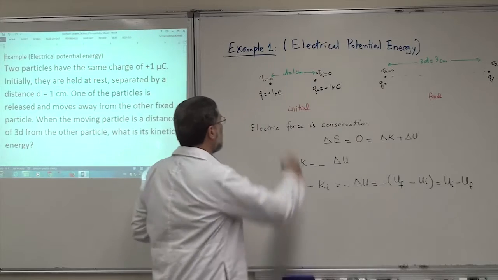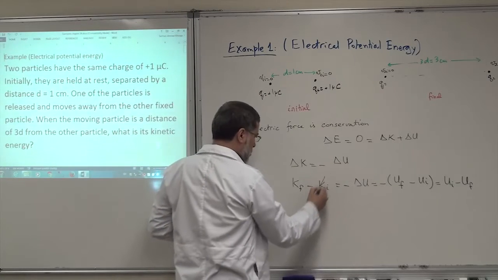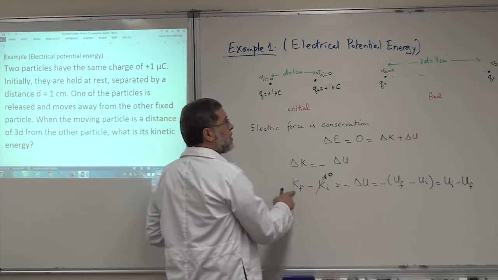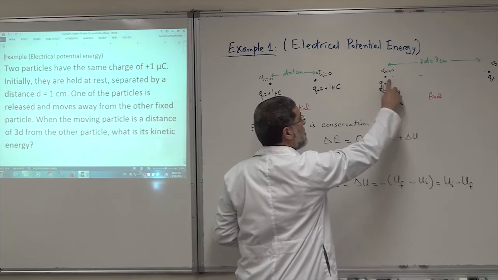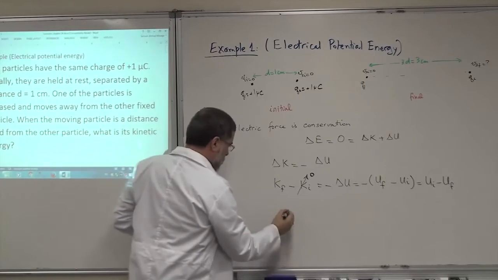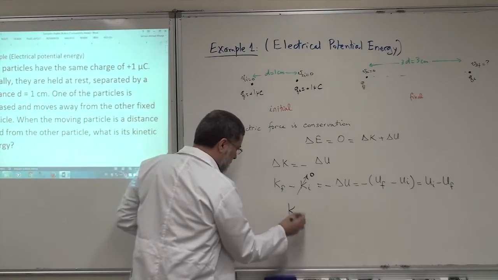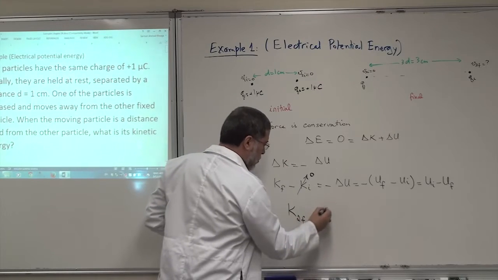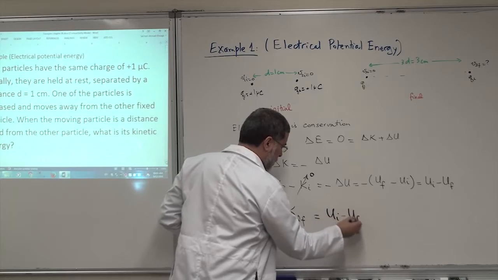Now remember that initially the two particles are at rest, so this is 0. And finally, this is the kinetic energy of which particle? Since this one is still at rest, it will be the kinetic energy of particle 2. So K2 final, which we are looking for, is equal to U initial minus U final.